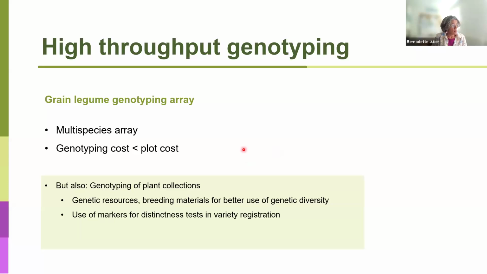We also have other work dealing with genotyping, and we are genotyping plant collections, including genetic resources, but also breeding material for better use of genetic diversity. And we want to show how markers could be used in distinctness tests in variety registration in the future.